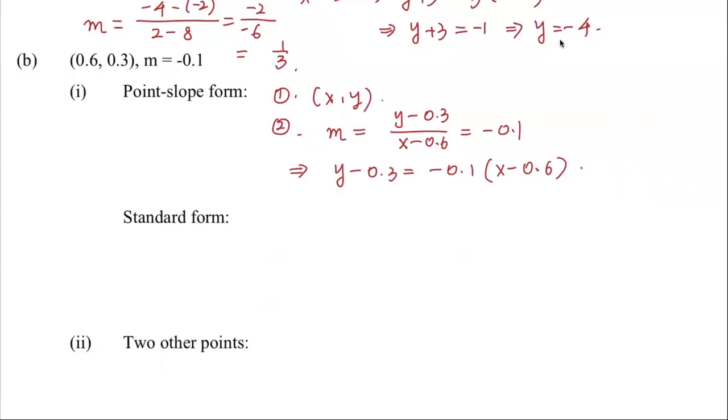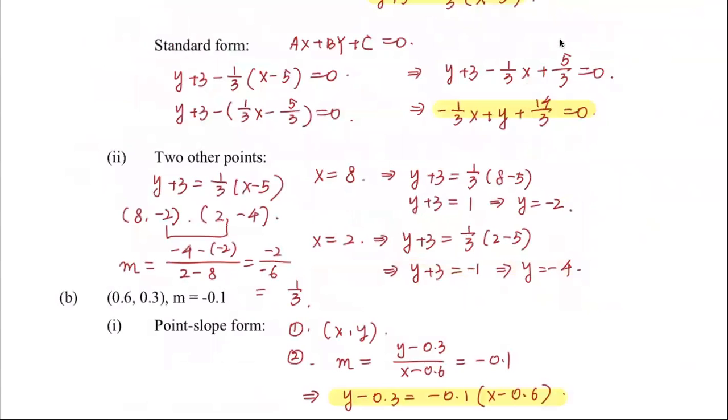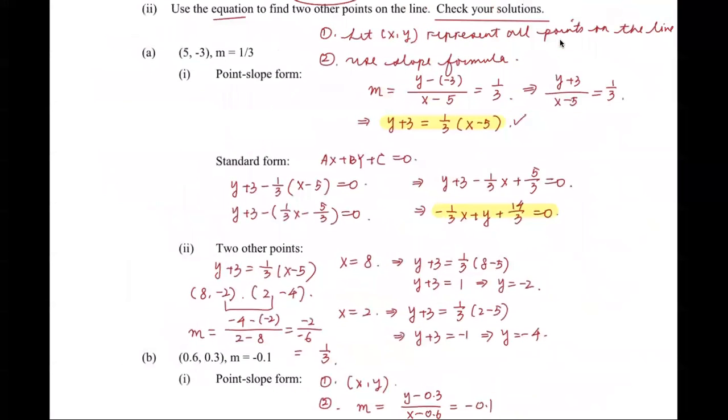Okay, and this is the point slope form that we need to find. If you compare the steps of part A and part B, they're exactly the same.